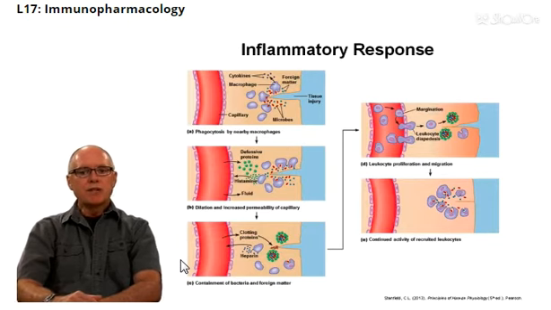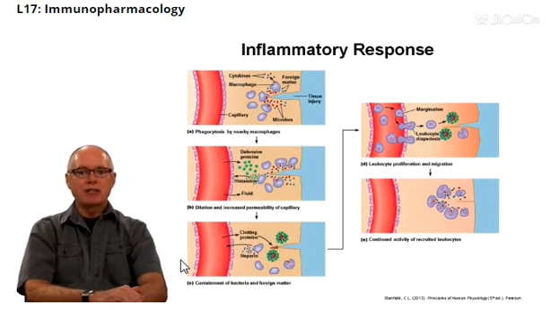So let's review the inflammatory response and its implications for whether the immune system will be triggered to develop a more specific response or not. In the event that a pathogen infiltrates through skin or mucosal barriers, the first response would be the onset of inflammation. There are 5 steps of inflammation.